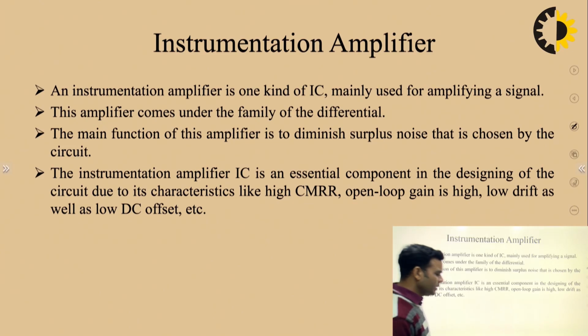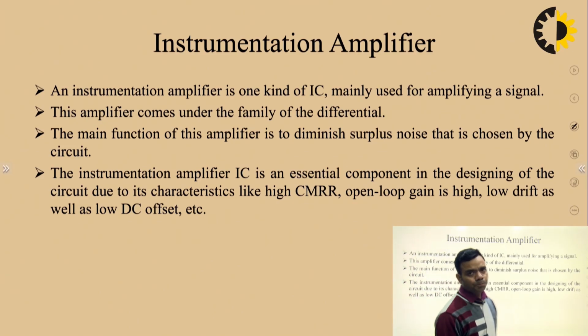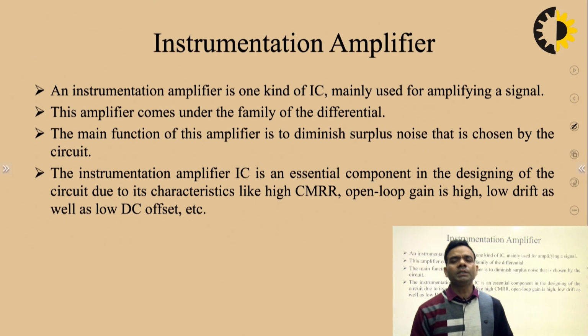Now, there is one more important circuit and its name is instrumentation amplifier. As its name suggests, instrumentation amplifier means it is an amplifier, but generally it is used in instruments. That means this is used for practical purposes.